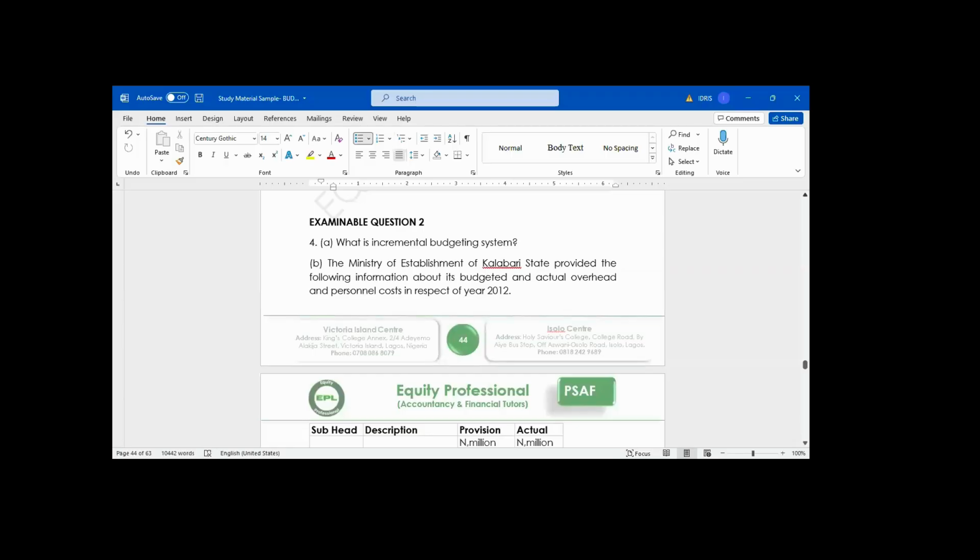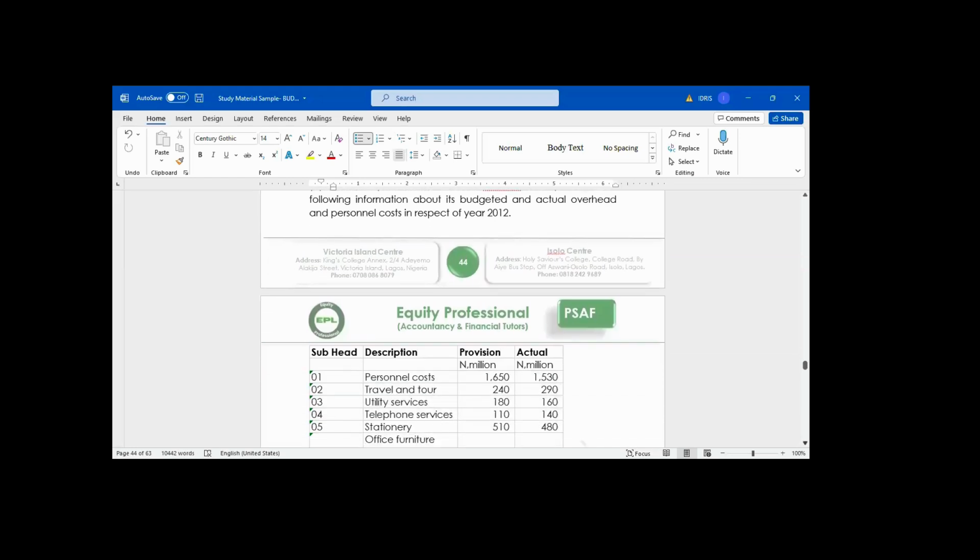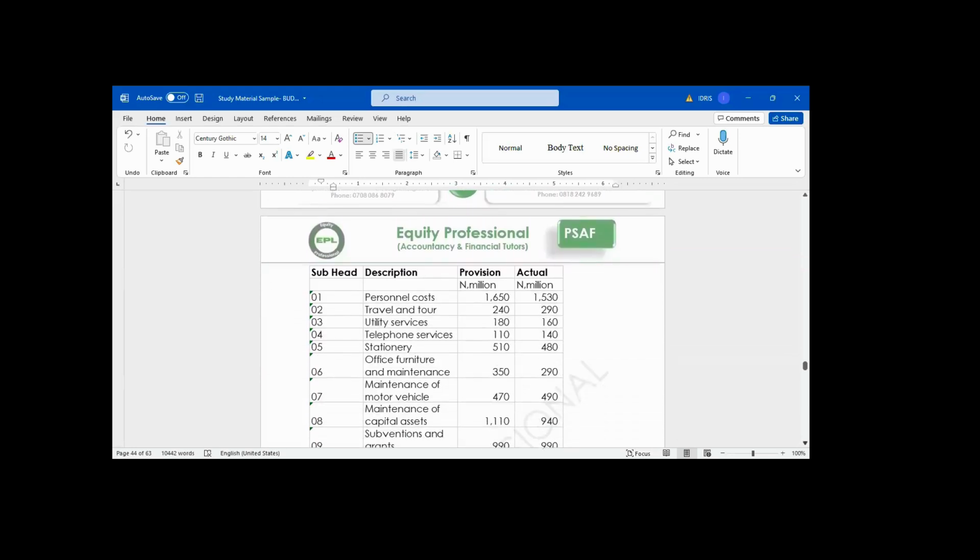The Ministry of Establishment of Calabari State provided the following information about its budgeted and actual overhead and personnel costs in respect of 2012. The tables below show subhead, description, provision, and actual.